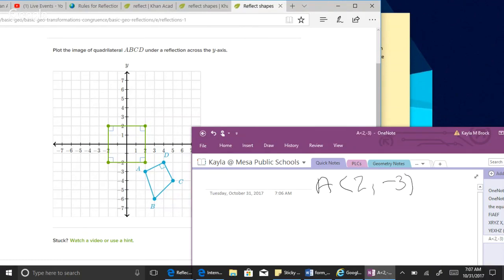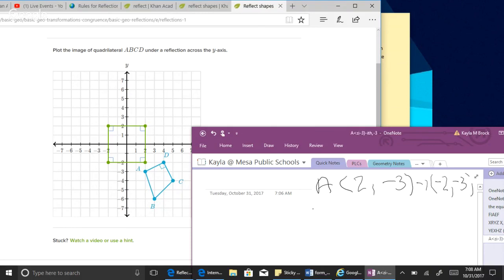And looking at the rule for when you reflect across the y-axis, the x is going to become negative, but the y is going to stay the same. So after the reflection, I should expect to have a negative x, which is +2, so this is going to be -2. And then my y is going to stay the same. So this is -3, it's going to stay -3.